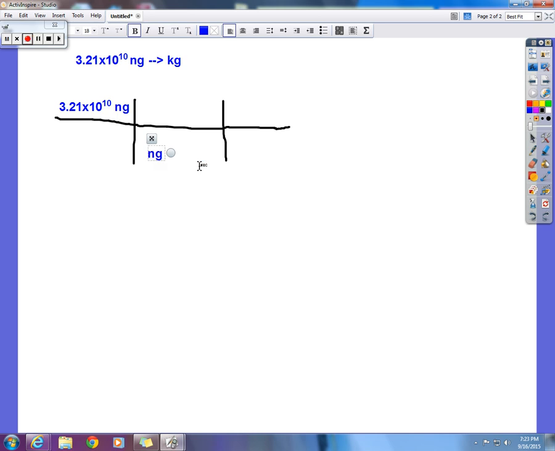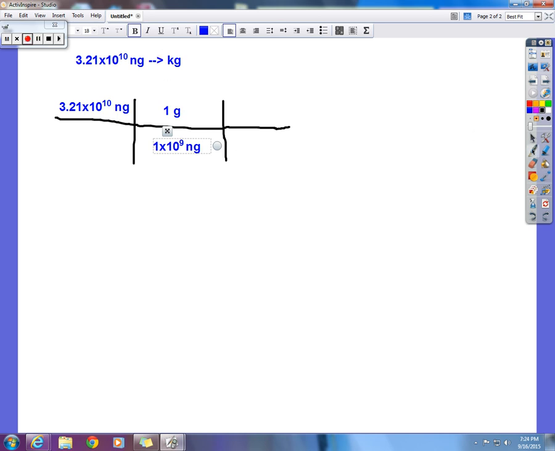So I'm going to put nanograms on the bottom, and from my card, I know that there's 1 times 10 to the 9th nanograms in 1 gram, right? There is a lot of nanograms, because they're really tiny, in 1 gram, okay?